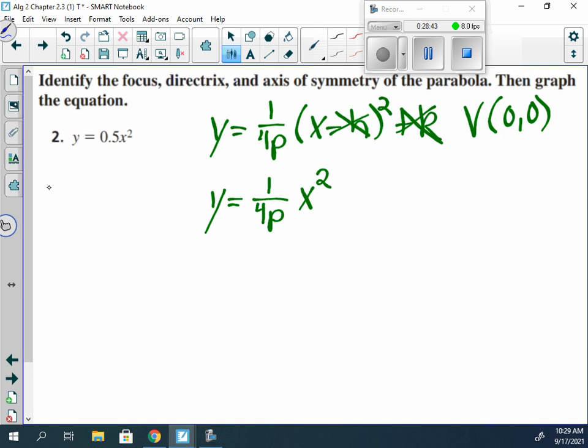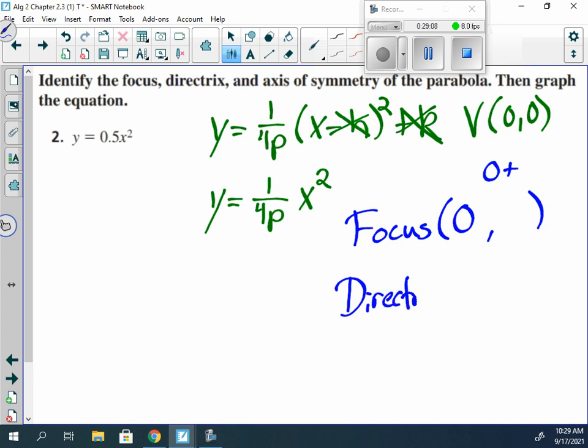Which is nice for us because the focus for this here is h comma k plus p, yes? Well, the h value is 0, and here we're going to have 0 plus p, yes? We don't know what p is, so I'm going to leave it there. Directrix is our y is equal to k, well k is 0, yes?